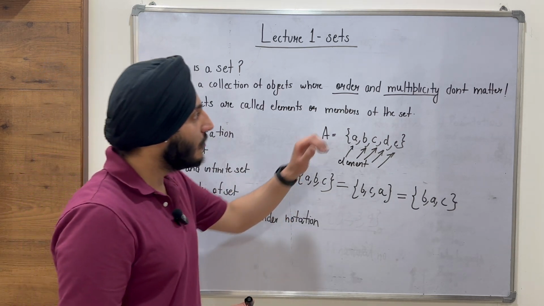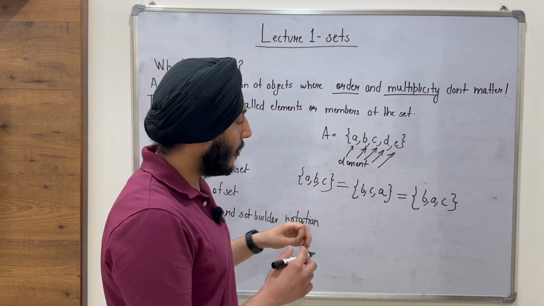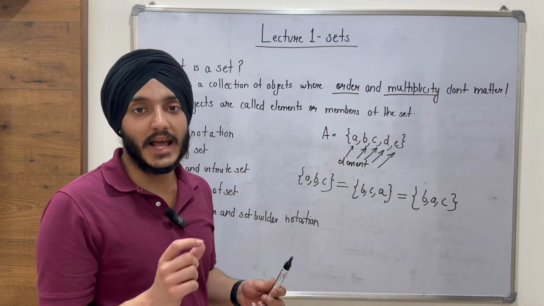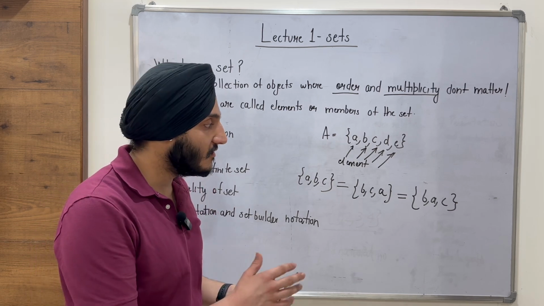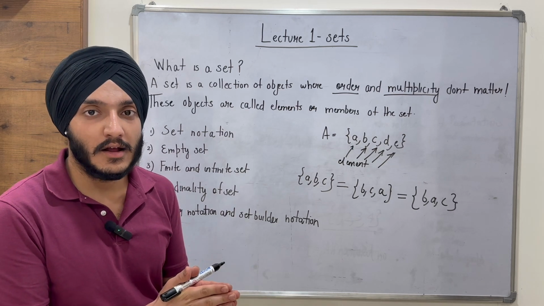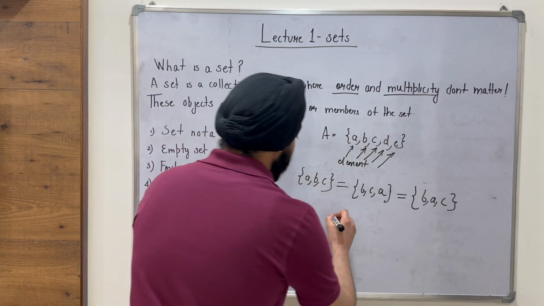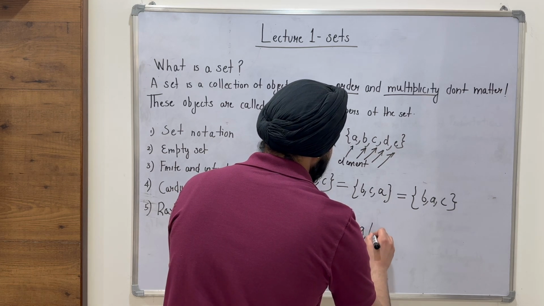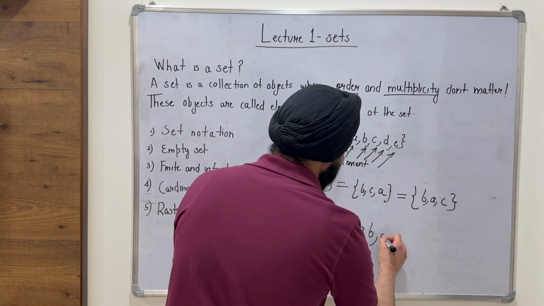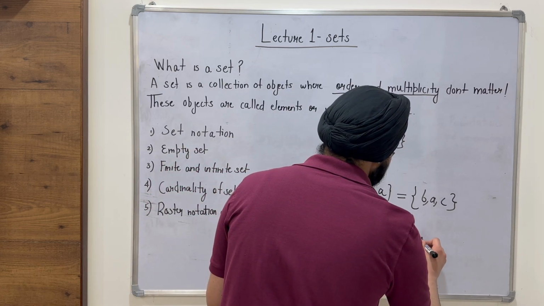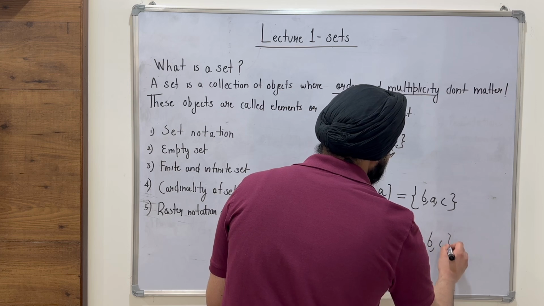Now moving on to the multiplicity part, the point is it doesn't matter how many times a single, distinct element appears in the set, it would still be counted as appearing only once in the set. For example, if I have this set over here, it has 3 a's, 1 b, and 1 c. This would simply be the same as {a, b, c}.